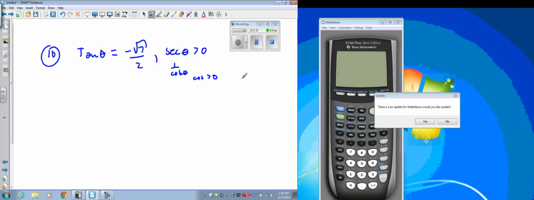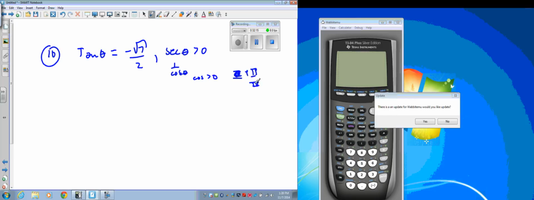So which quadrants am I in? Quadrants 1 and 2? And if tangent's negative, that means sine has to be negative, correct? Maybe quadrants 1 and 4. You're right, 1 and 4.